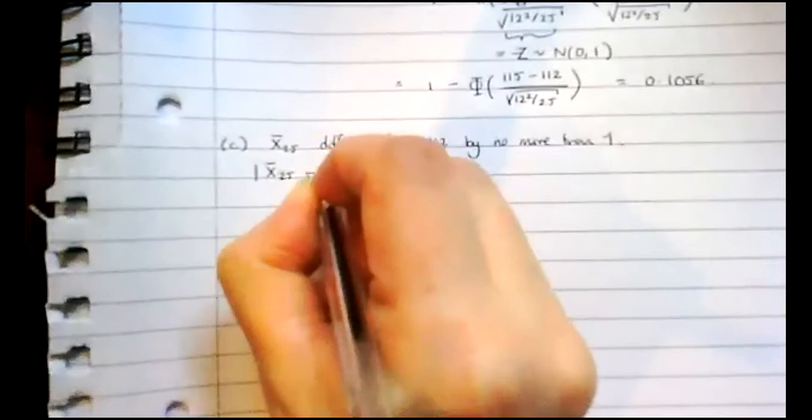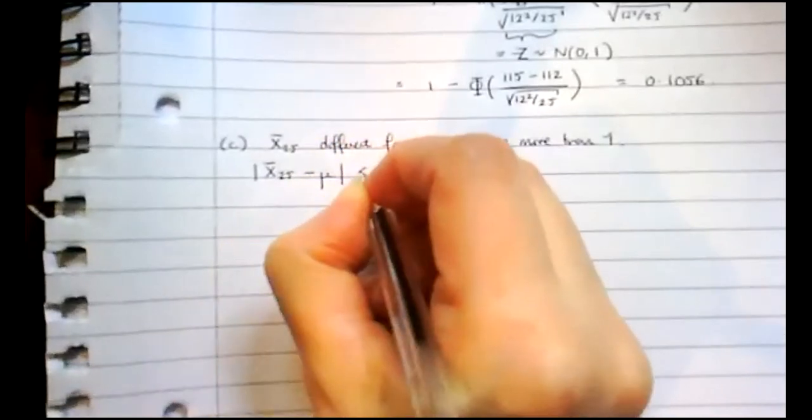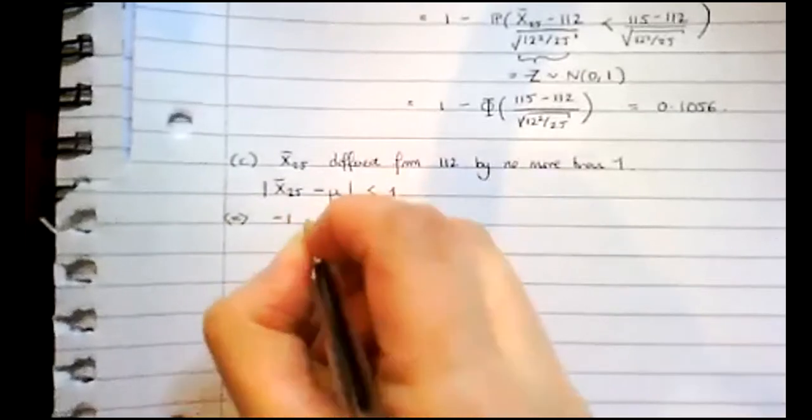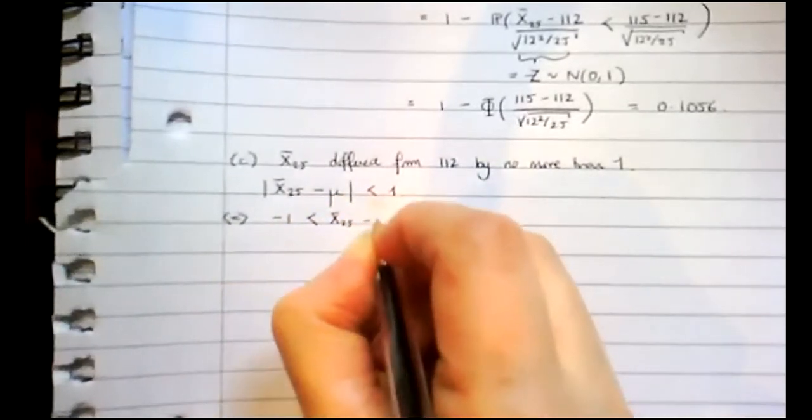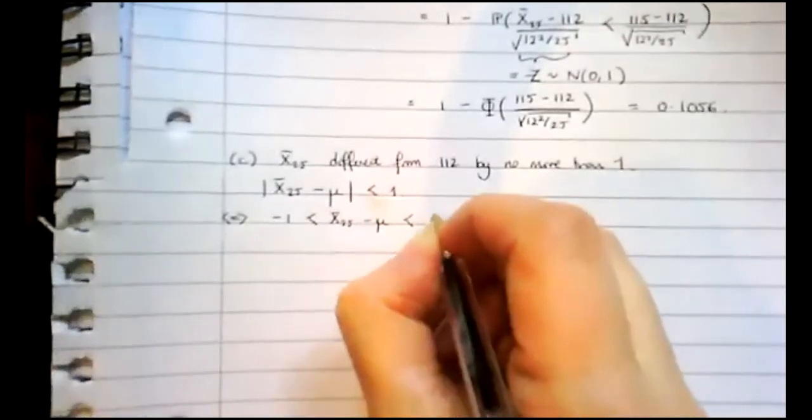Okay, so I need to find some mathematical way of doing this. And I think where we want to start is that the absolute value of the difference between X bar 25 and mu is less than 1. This is also equivalent to minus 1 is less than X bar 25 minus mu is less than 1.